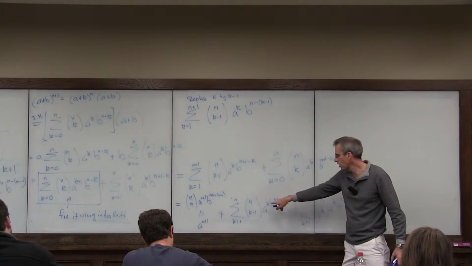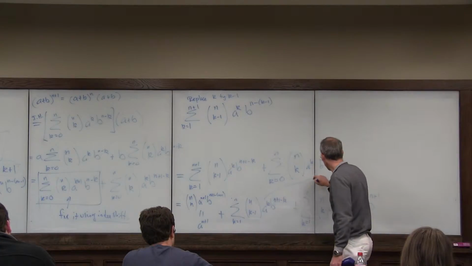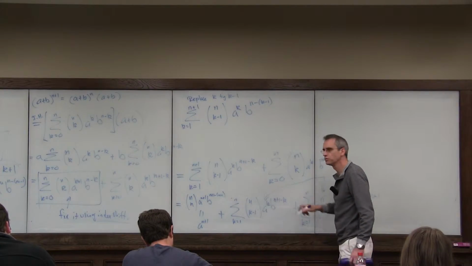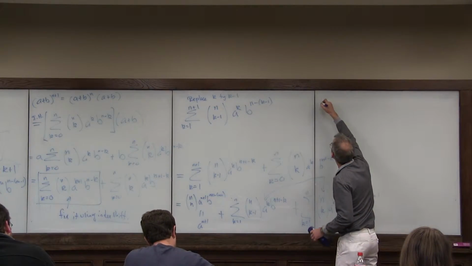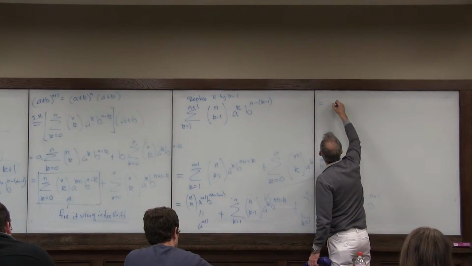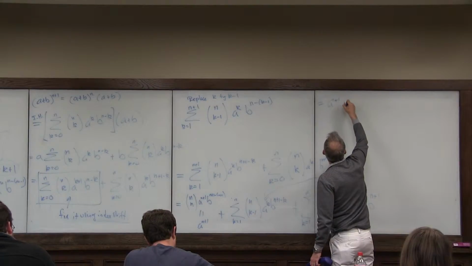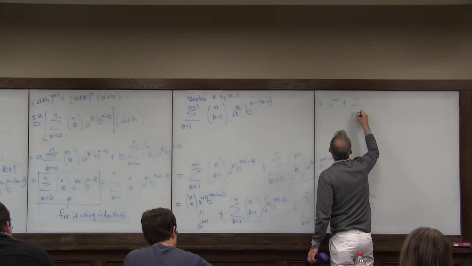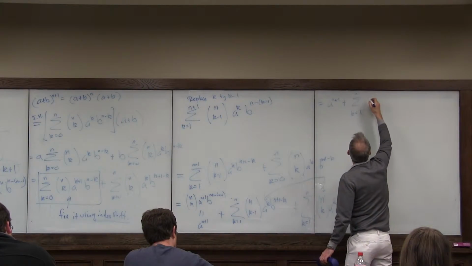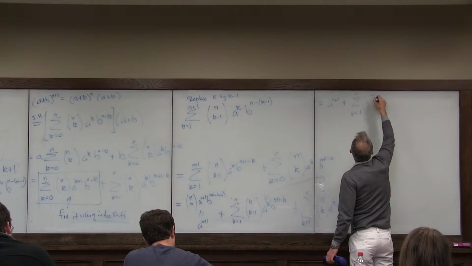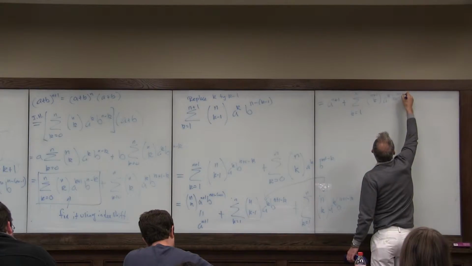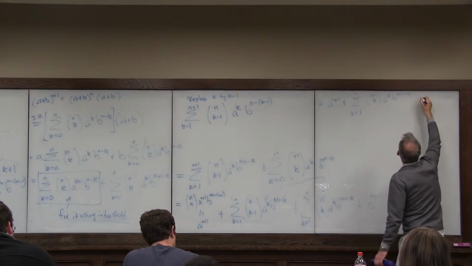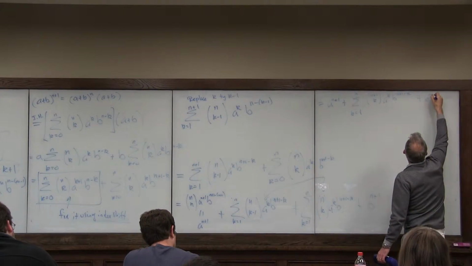So the distributive law tells me that when I combine these, I'm adding those two terms. So this now equals a to the n plus 1 plus the sum from k equal 1 to n of n plus 1 choose k, a to the k, b to the n plus 1 minus k, plus b to the n plus 1.